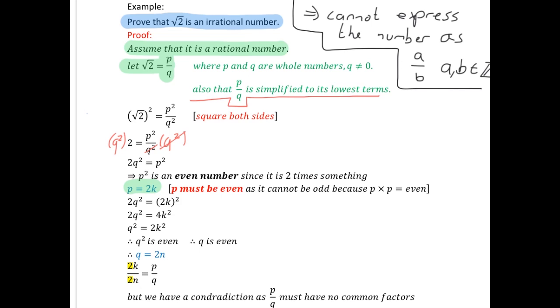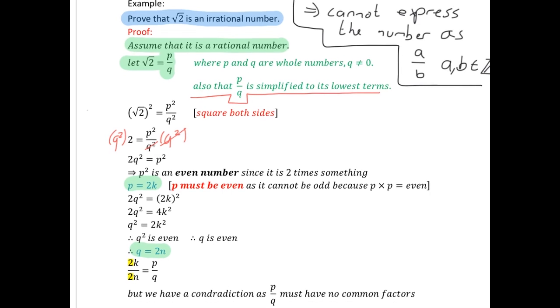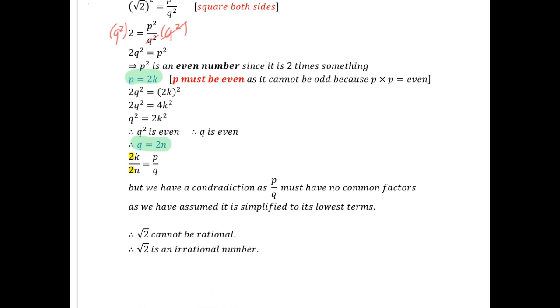So we can write q is equal to some number, let's call it n, times 2. So what that means is that our original p over q, well, we wrote p is the same as 2k, and we wrote q is 2n.